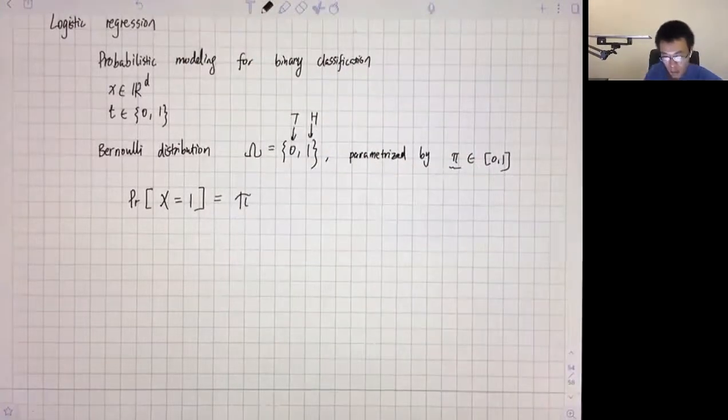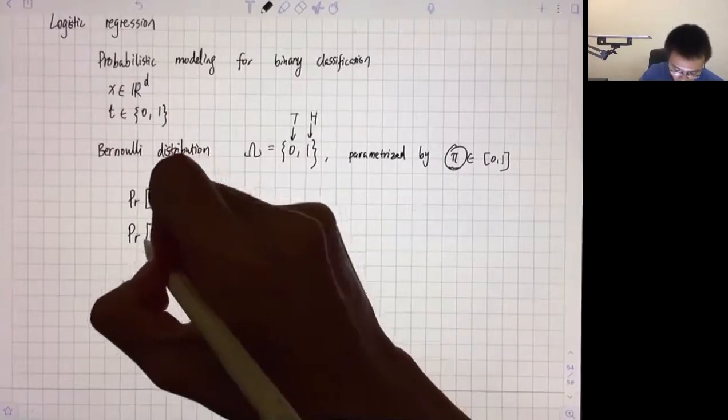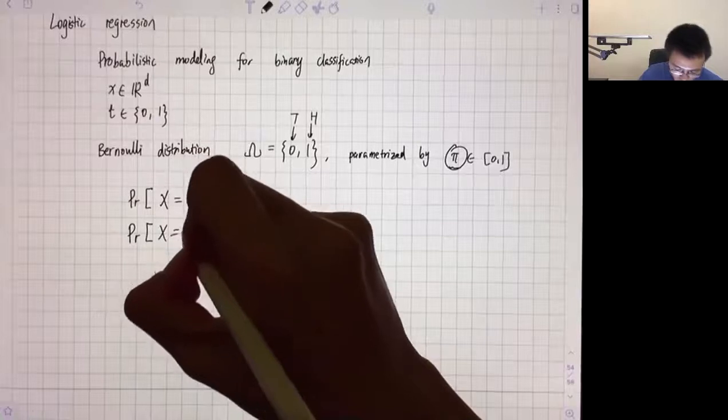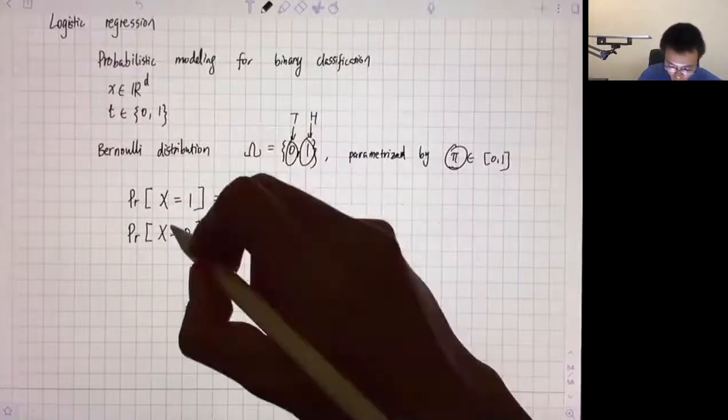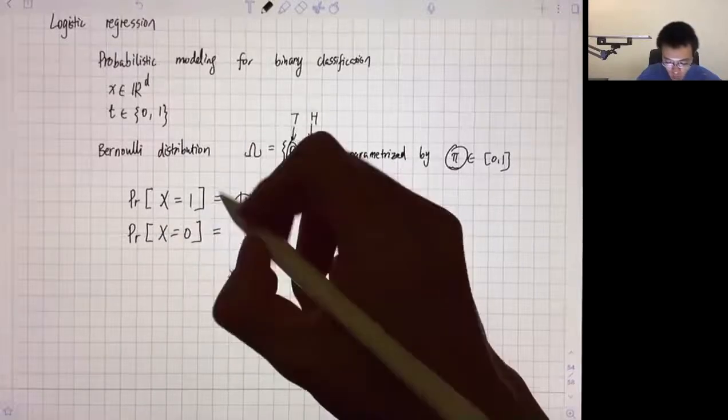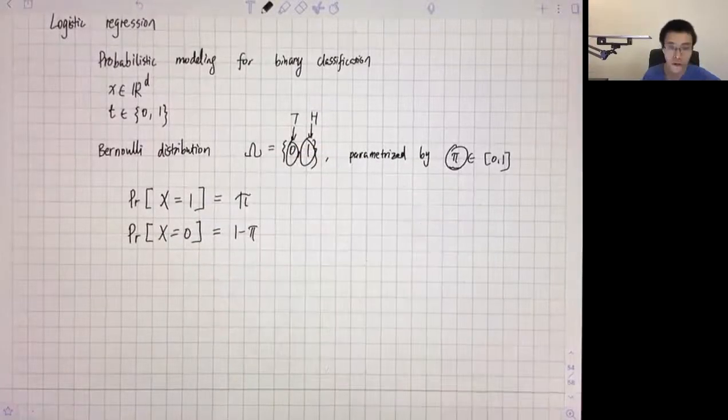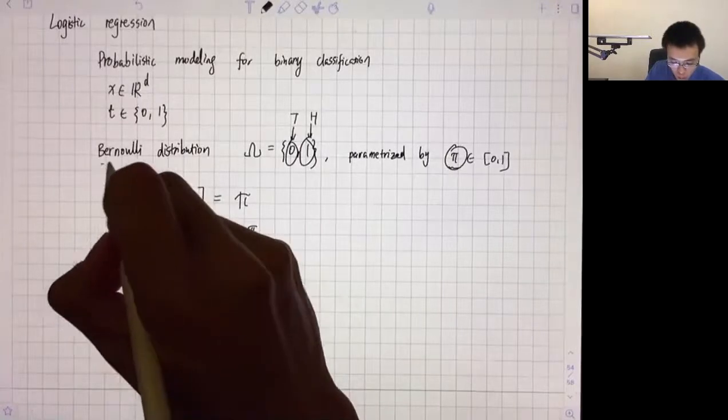So this pi is just the probability that my outcome is 1. And since I only have two events in my event space, the probability that the outcome is 0 is 1 minus pi. That is the Bernoulli distribution.